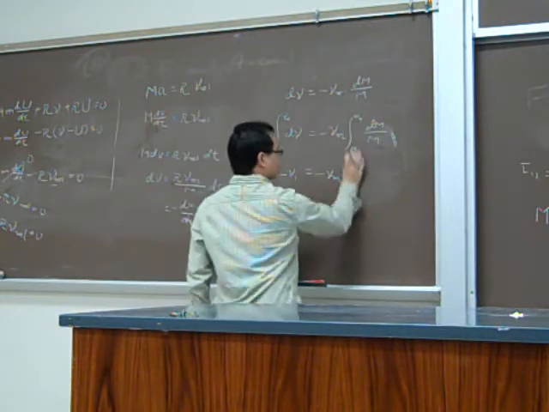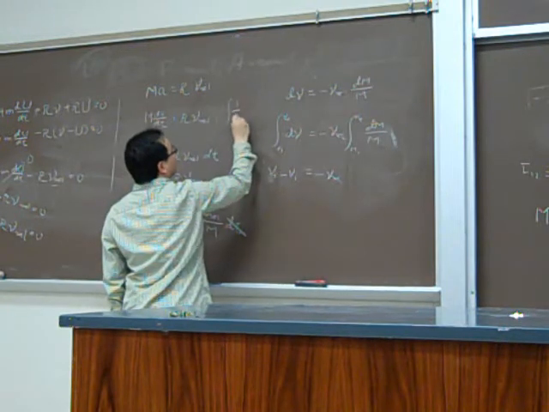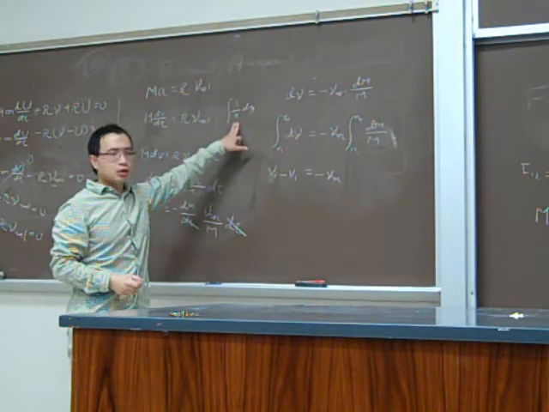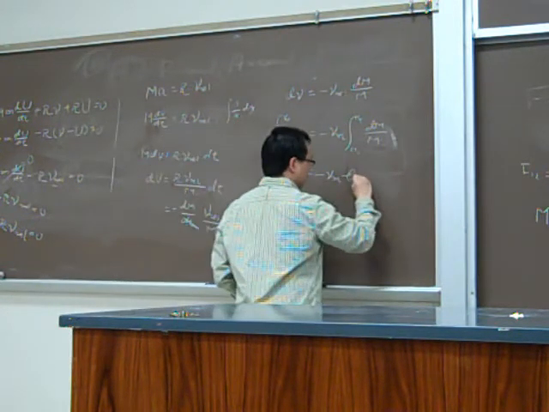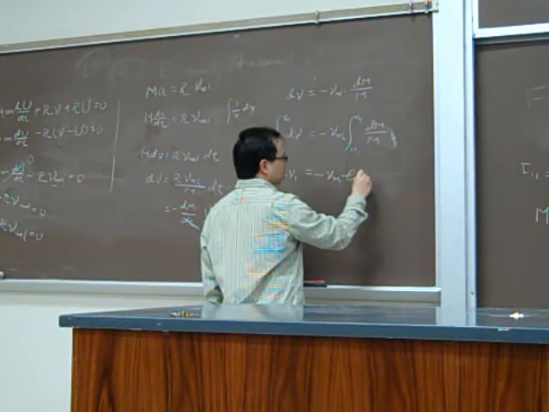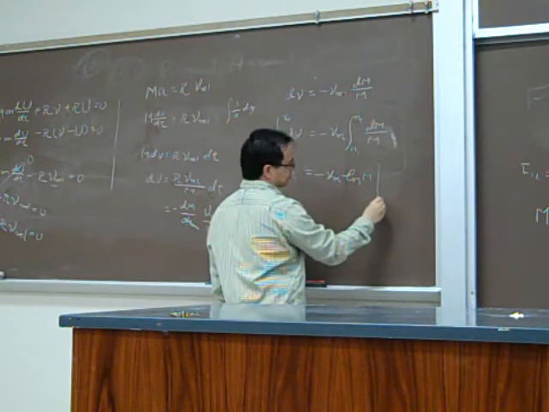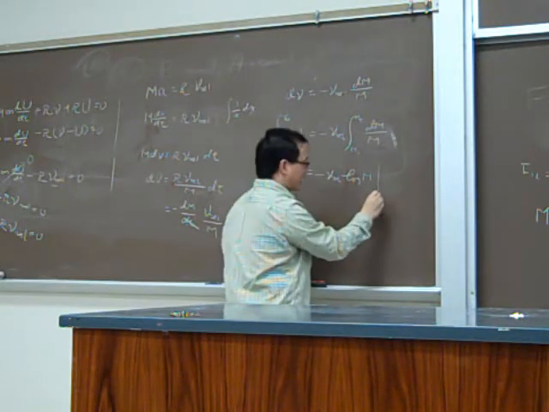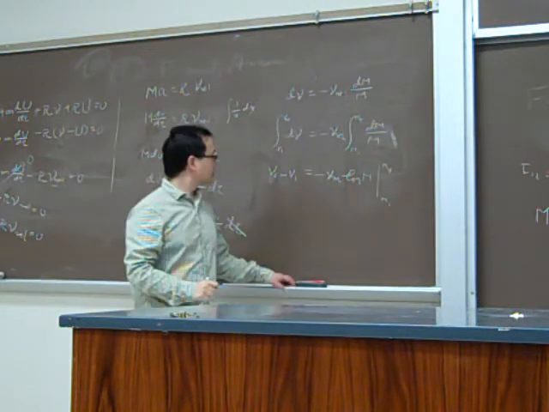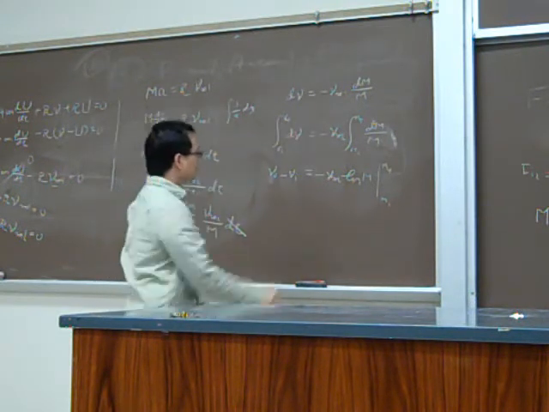The integral of one over x, remember what you get for this integral? Natural log. So natural log M, from the initial mass to the final mass. And the left-hand side is already the velocity part.